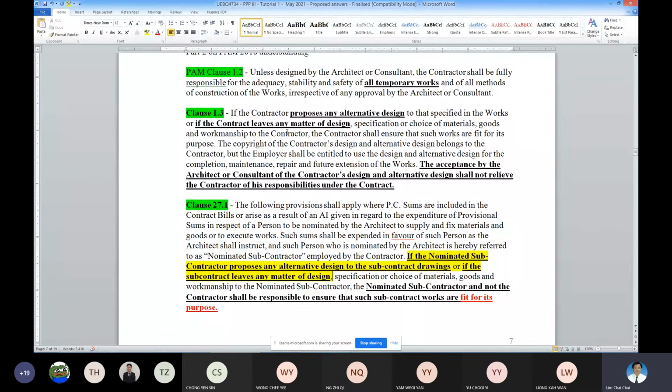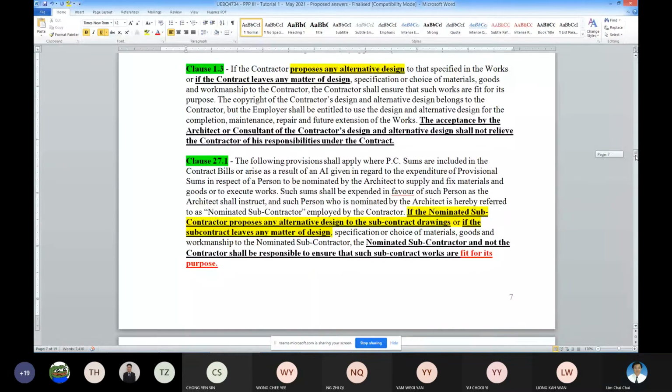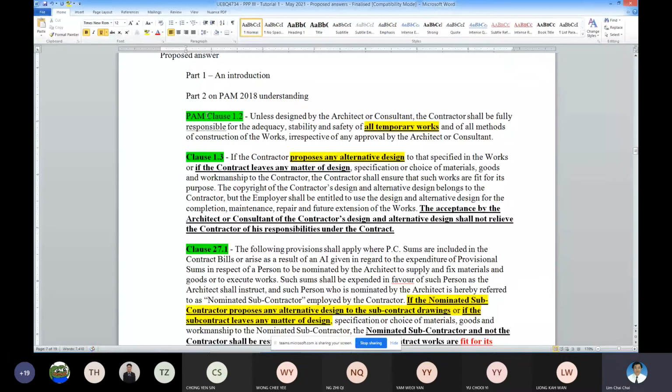Same case for the contractor: you propose alternative design, so you can carry out the design. Also on all temporary works, you need to calculate or design something before you can put up. So just to answer the question, are there any clauses? The answer is yes. There are 3 of them: 1.2, 1.3, and 27.1. So this is how you answer these particular questions.